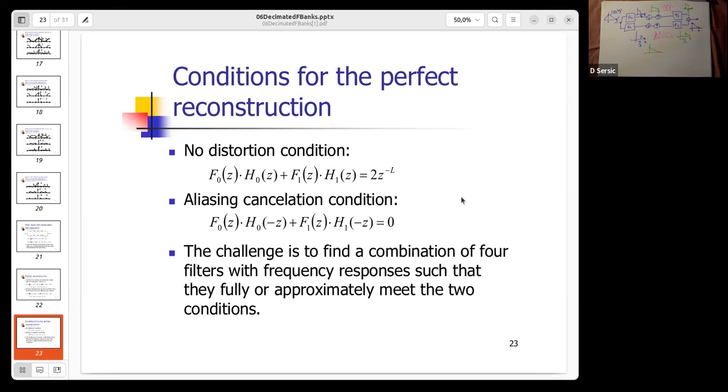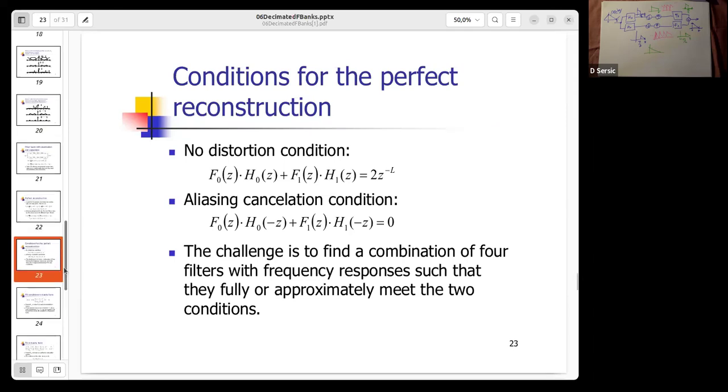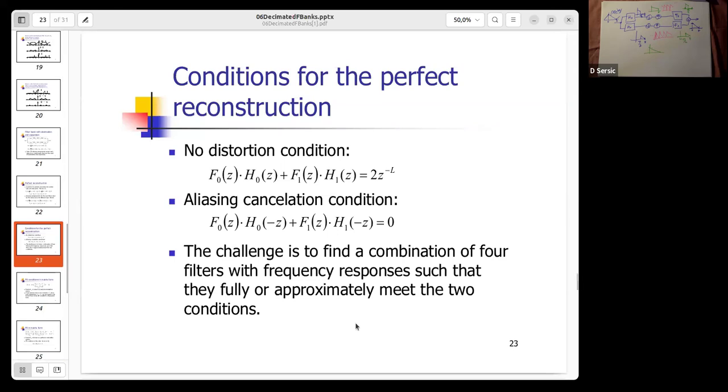And that is the point where we will end our lecture for today. So the idea is how to achieve that, and we will talk about it next time.